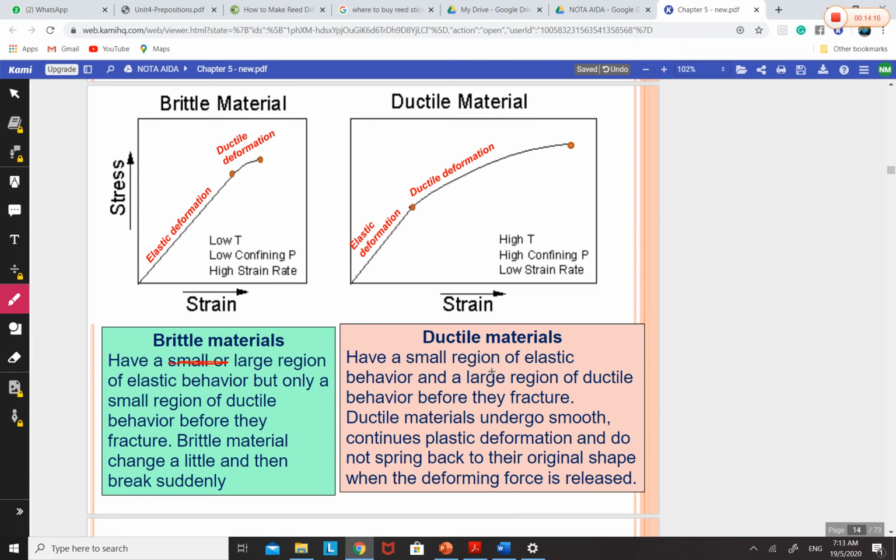The small region of ductility, then dia akan fractured. Compared with the ductile material, dia ada small region of elasticity but a large region of ductility. After receiving ductile deformation for quite a long time, then baru dia akan start fail kat sini.